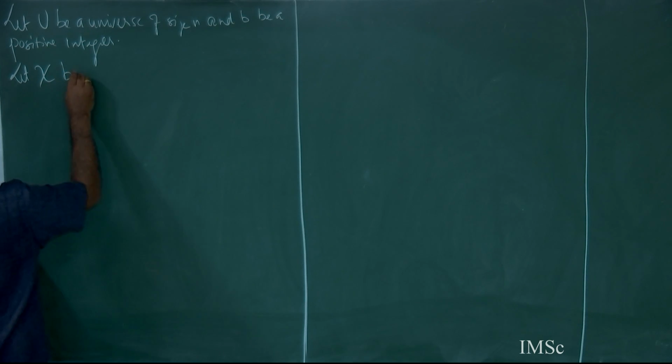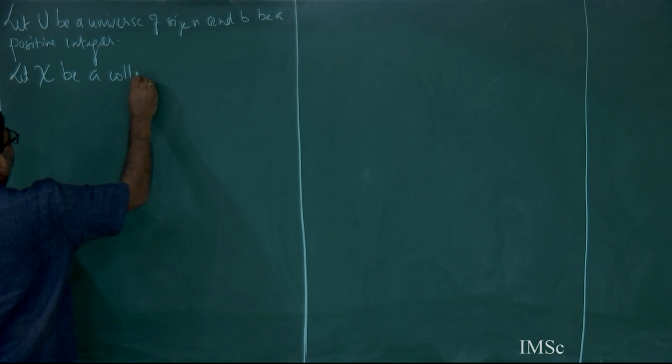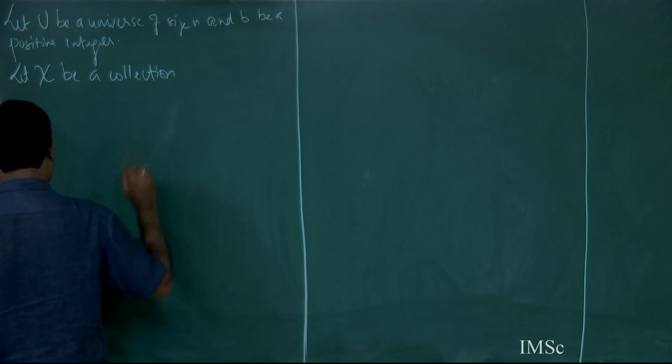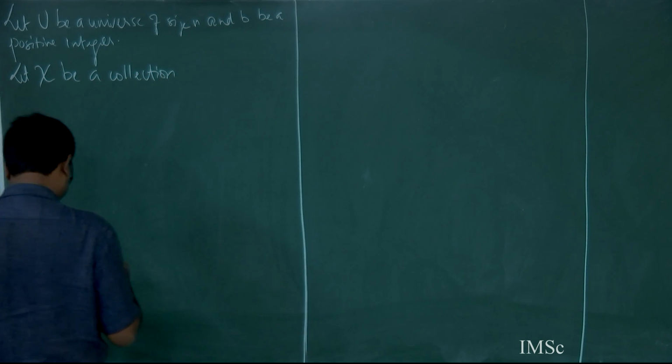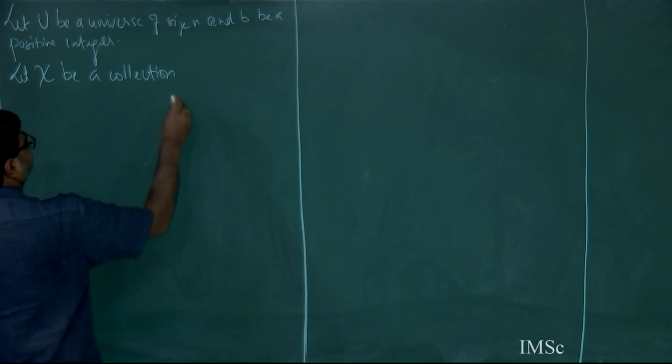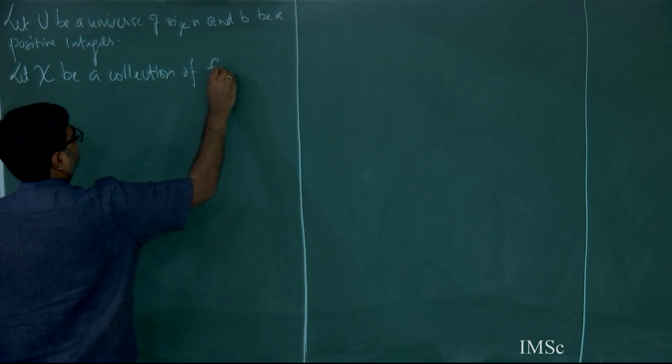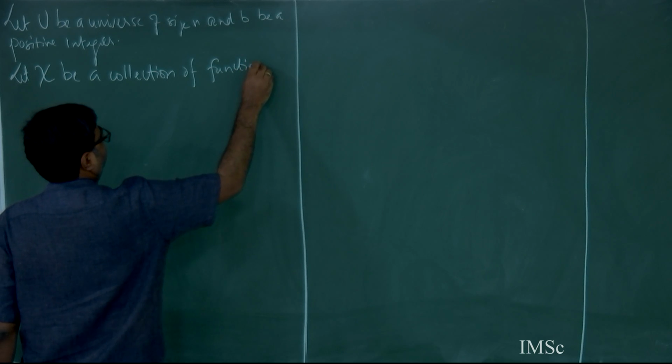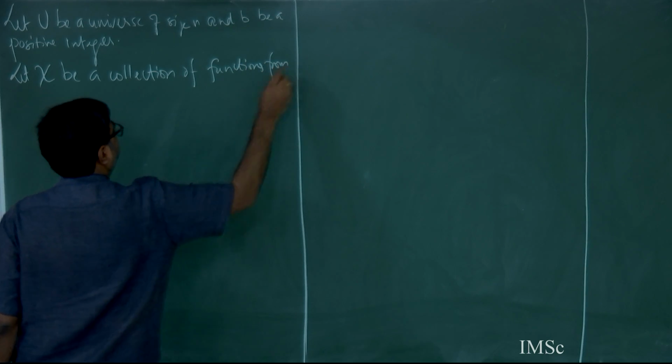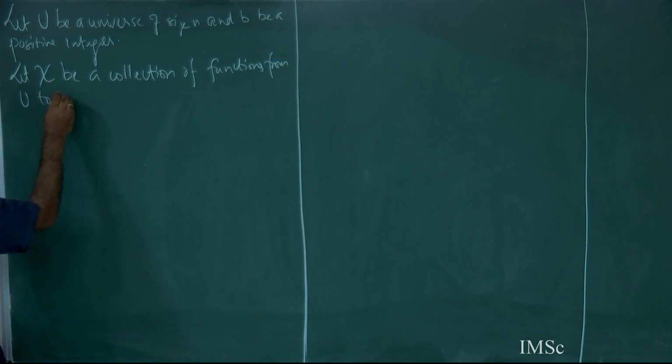Let chi be a collection of functions from U to B, right. So what is this? These will be a family of functions.